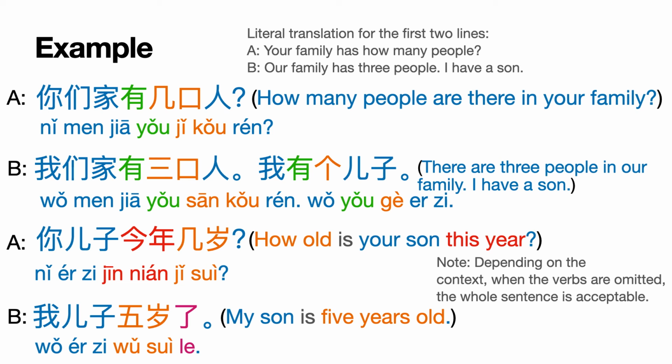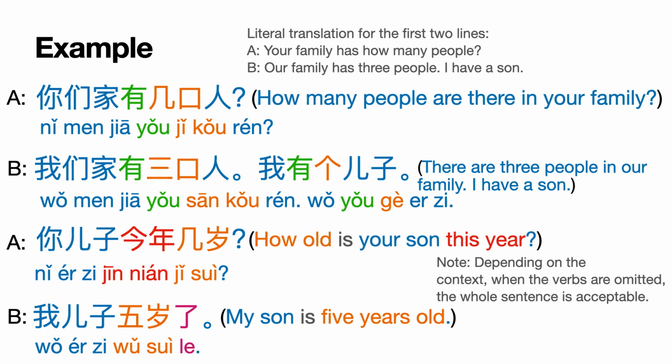Okay, now again, you might wonder where is the verb "to be"? Why don't you say "is"? You can't find it in the Chinese sentence, I mean, in this particular sentence. Well, depending on the context, when the verbs are omitted, the whole sentence is still acceptable. It basically makes sense.